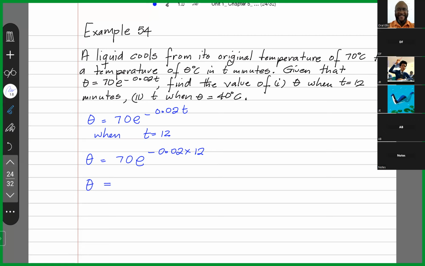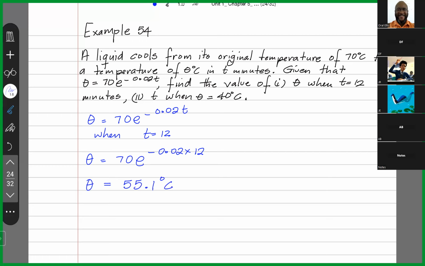Anybody want to tell me what that answer is? Anybody? What's the answer? 55.064. All right, so this is 55.1, and this is degrees Celsius.